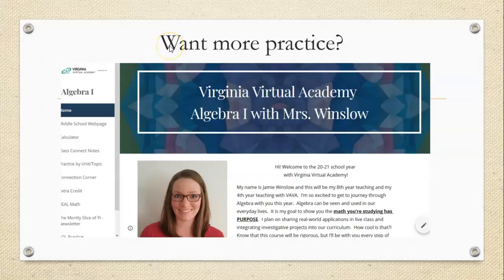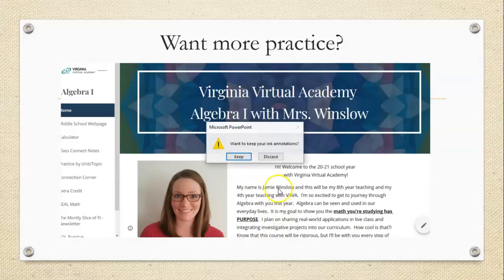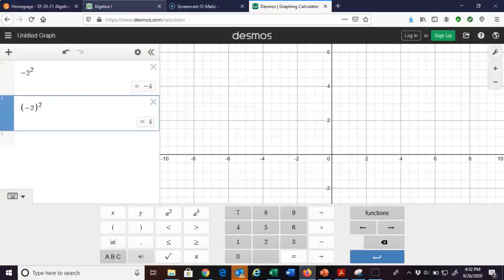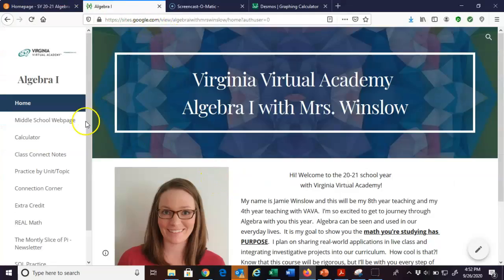Just wanted to show you guys a website that I've been working on. It's somewhat under construction. I am going to share the link with you guys in our online portal here. But let me show you. On this site, you can find a lot of information. Here along the left-hand side is the navigation.